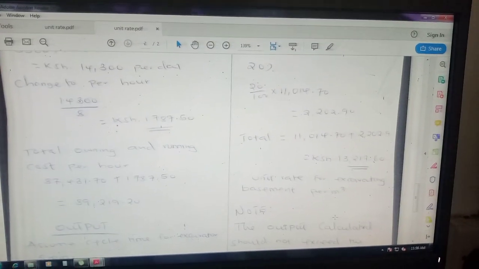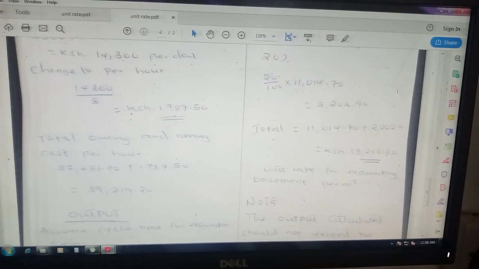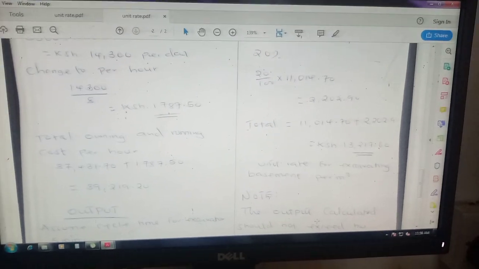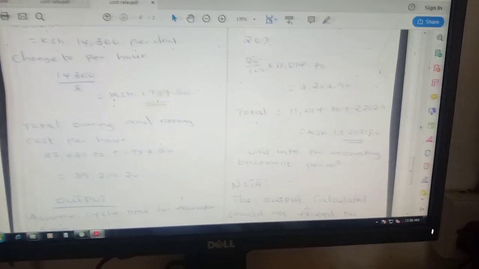So that is the unit rate for excavating basement per cubic meter. So that is our calculation for today.